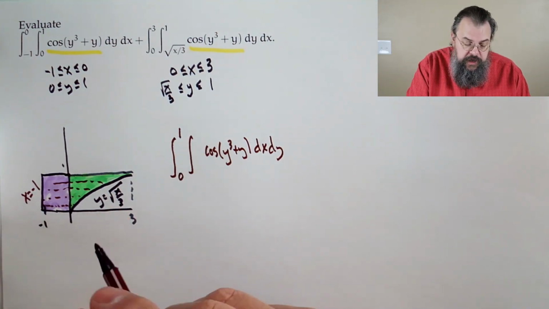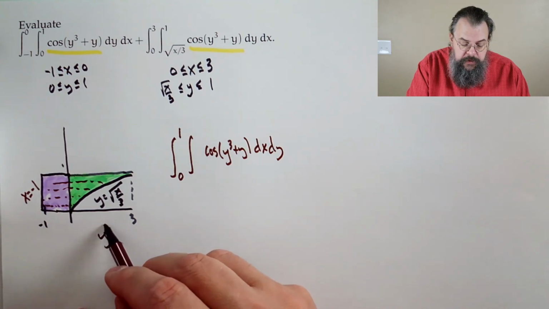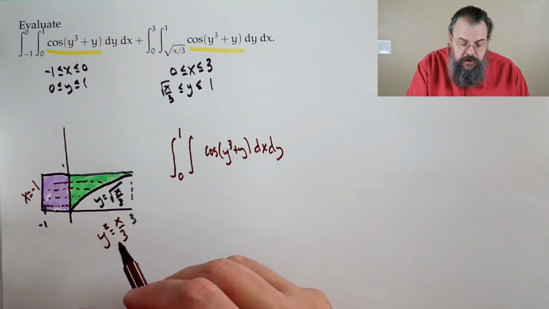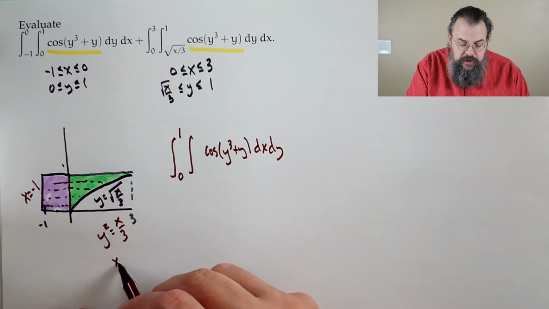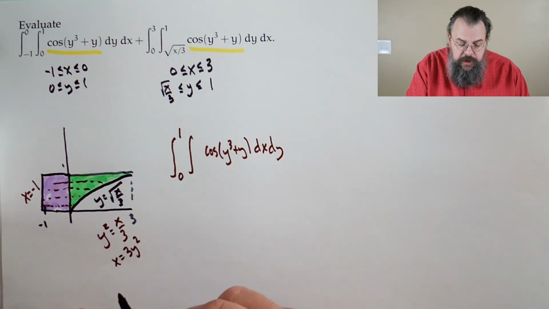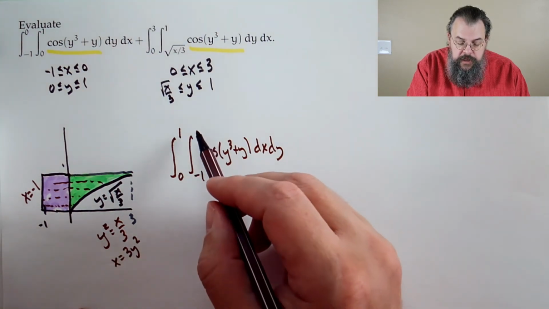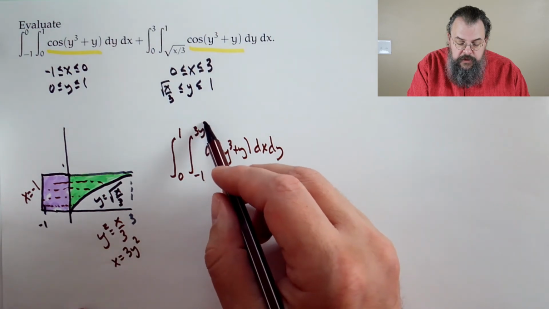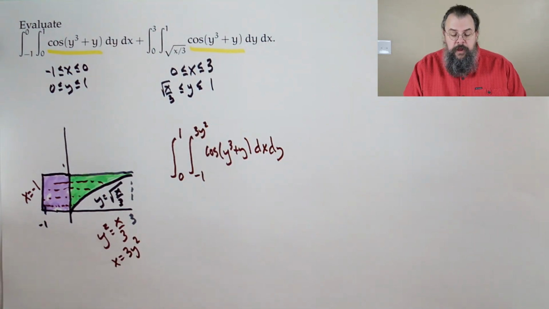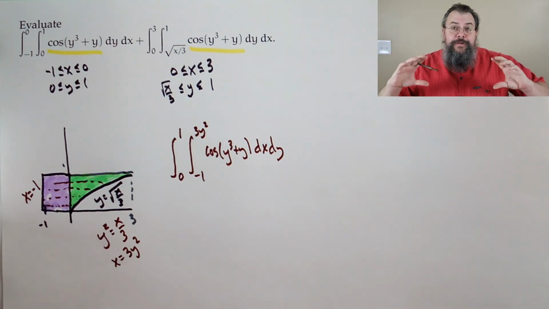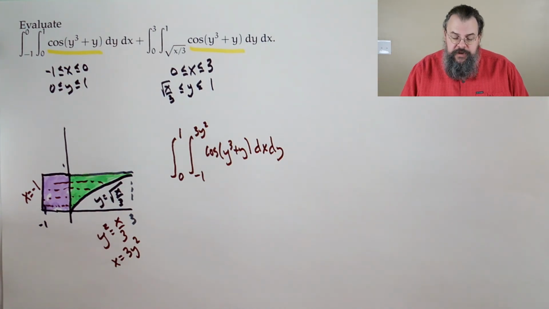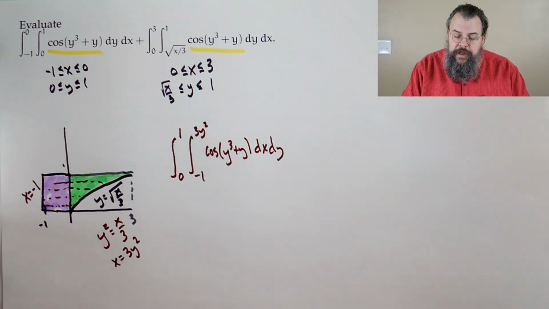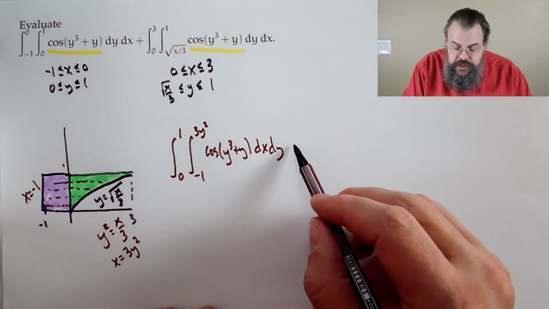Squaring both sides here, that's the same as y squared equals x over 3, or x equals 3y squared. So from -1 up to 3y squared. All right, well, great. We've now changed our problem by changing our order of integration. It's one term, and let's proceed.